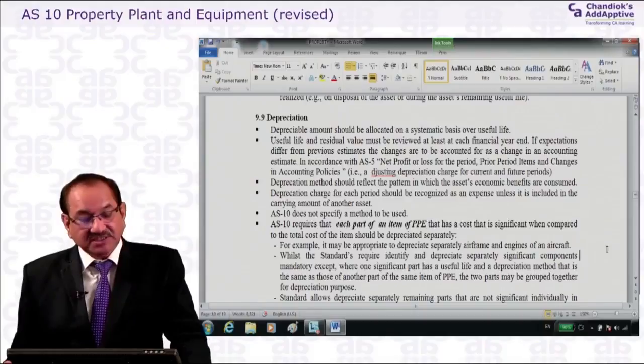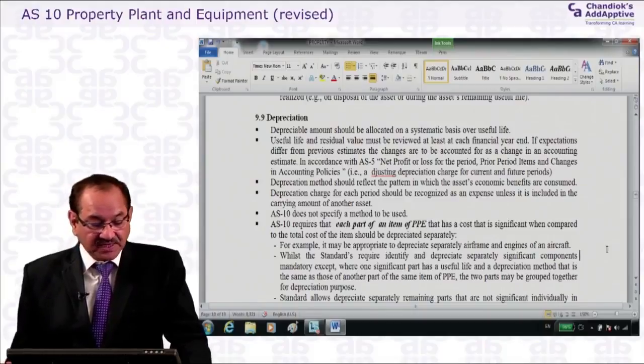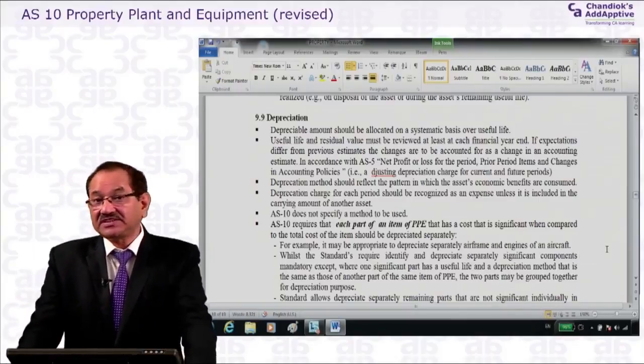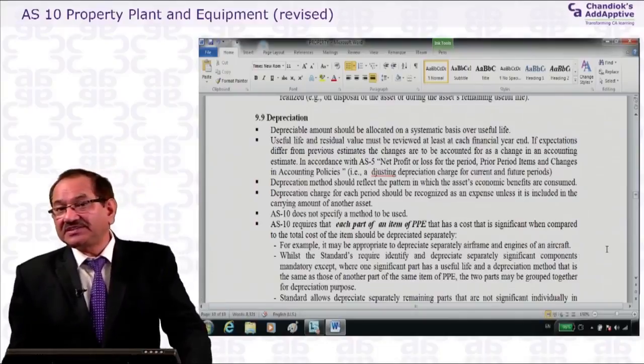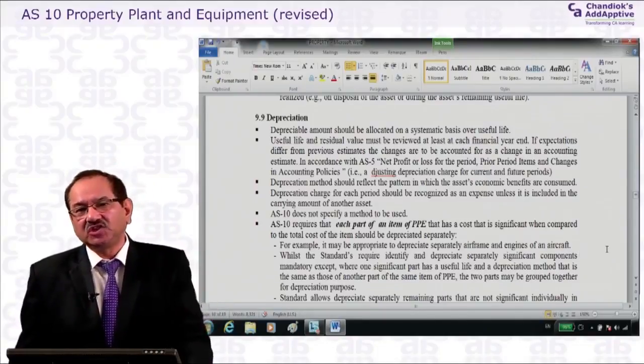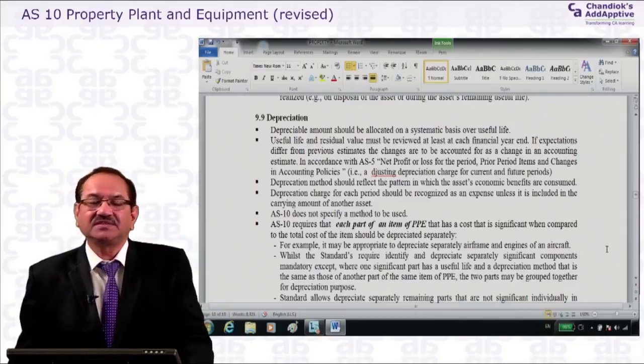AS 10 does not specify a method to be used. AS 10 requires that each part of, now this is the important point here, AS 10, that's the radical difference, and this difference has already been recognized in Schedule 2 of the Companies Act 2013.